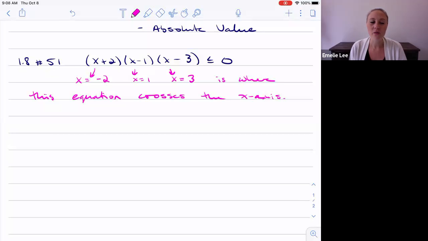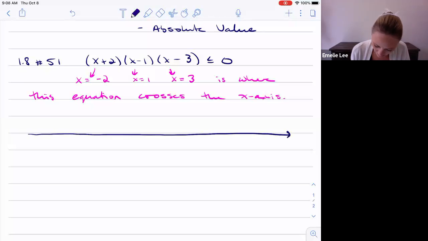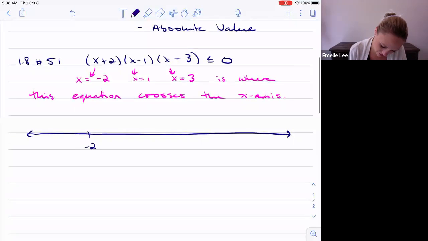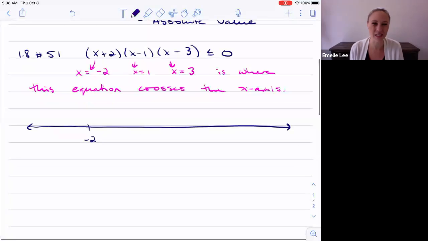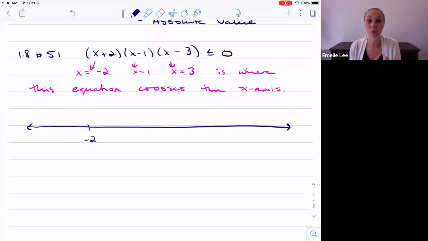So what we do is we set up a number line, right, from last day. We say, okay, well, I need to know how it behaves on either side of all these points. So I'm going to break this up into -2, and it doesn't need to be proportionately spaced. It's just for visualizing and figuring out what this thing looks like.